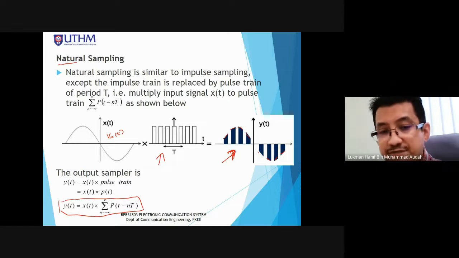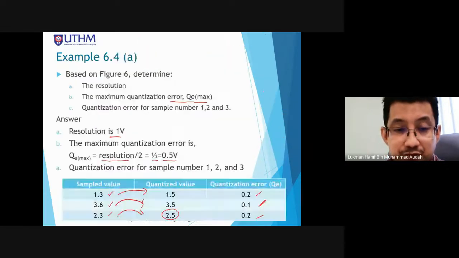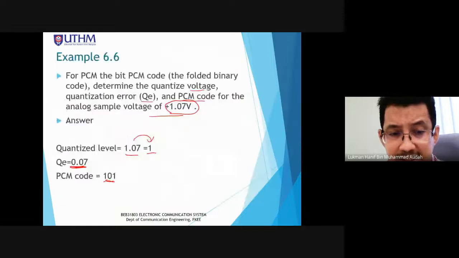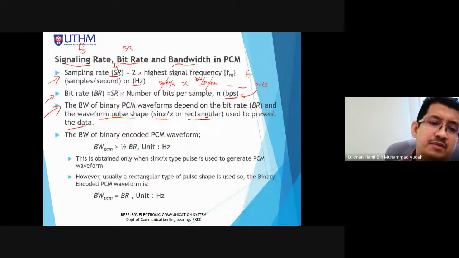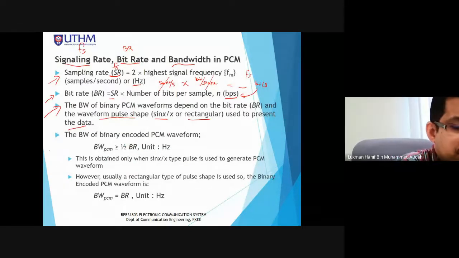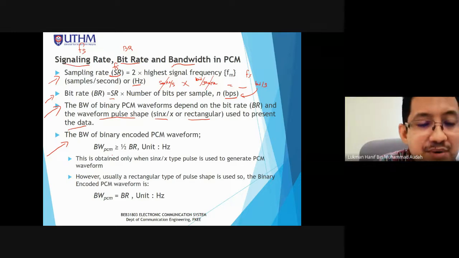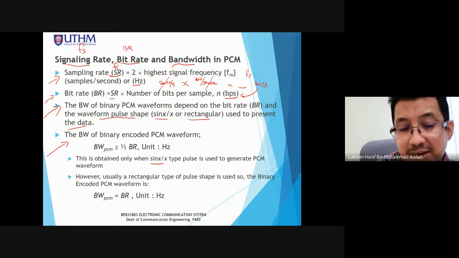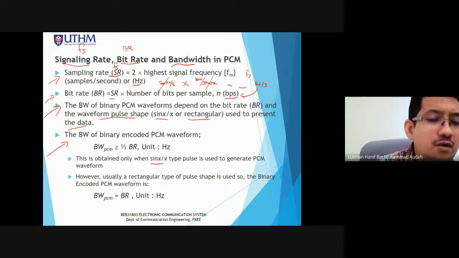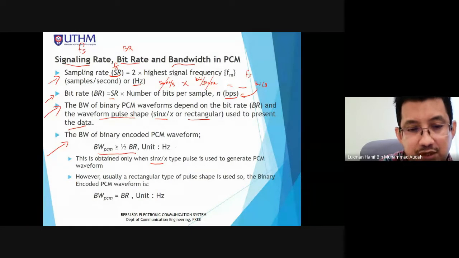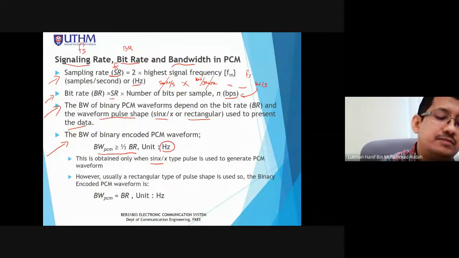Okay, so I flash forward. Saya kembali kepada slide tadi. Okay, so dikatakan di sini, bandwidth ada dua cara pengiraan. Okay. Yang pertama, bandwidth kalau kita menggunakan sinc function during the process of sampling, therefore the bandwidth requirement that we need is half of the bit rate. The unit is in term of hertz.